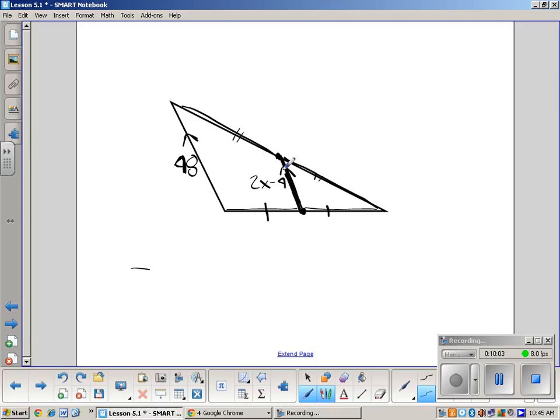So how big is this segment going to be? It'd be 24. Yes, it's going to be half of 48. So we're going to say that 2x minus 4 is 1/2 of 48. That's 24. So 2x minus 4 is going to equal 24.